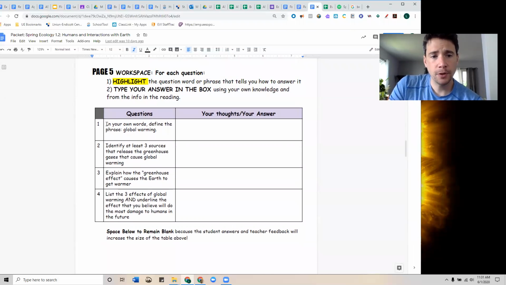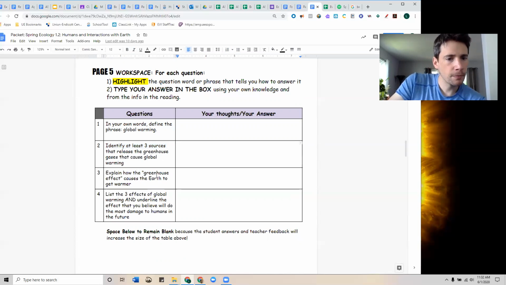So page 5, let's get into some work here. So define, in your own words, the phrase global warming. So just define global warming right in here. Question 2, identify at least 3 sources. So highlight this, right? You've got to identify 3 sources that release greenhouse gases that cause global warming. So 1, 2, 3. I probably should have given you a little data table in there, but I'm sure you can handle it.